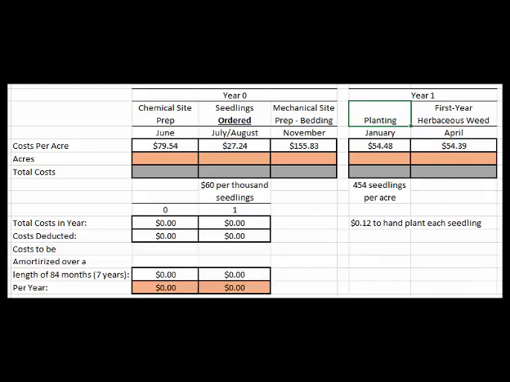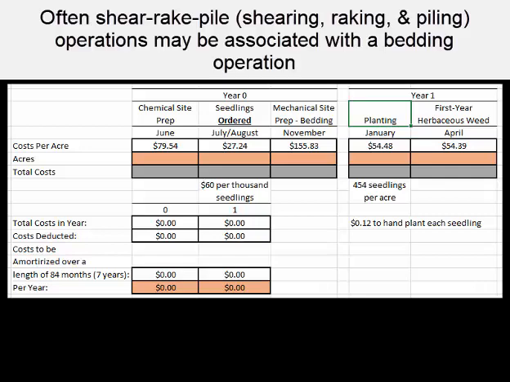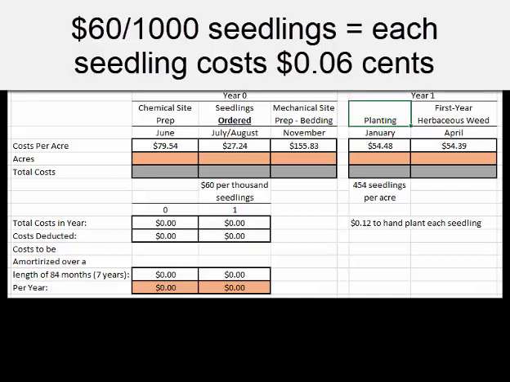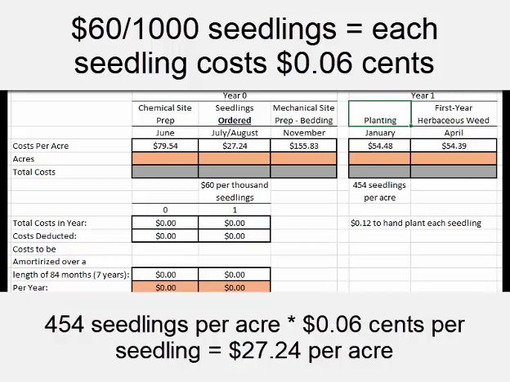And then we have our mechanical site preparation treatment, our bedding treatment in November. Remember, we assumed it to be $155.83. And since we assumed a cost of $60 per thousand seedlings, and since we are planting 454 seedlings per acre, when you do the math, it comes out to $27.24 per acre to purchase the seedlings.